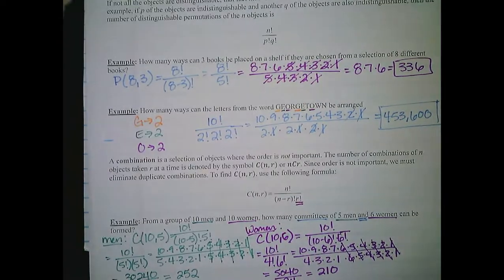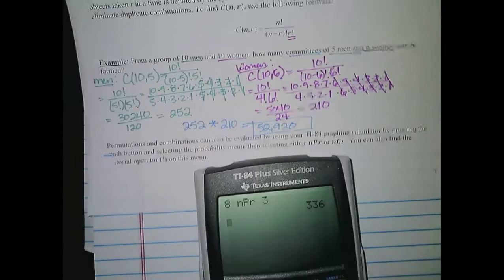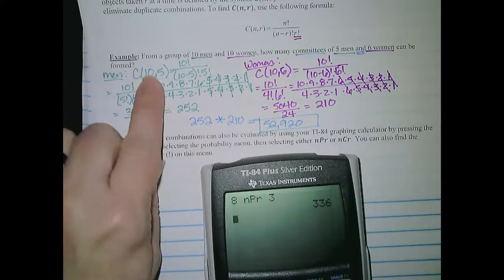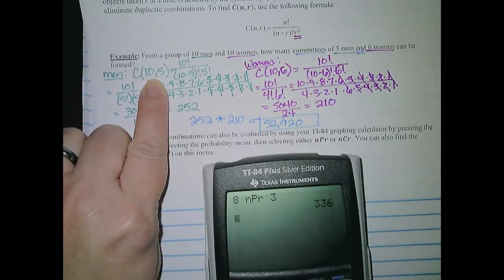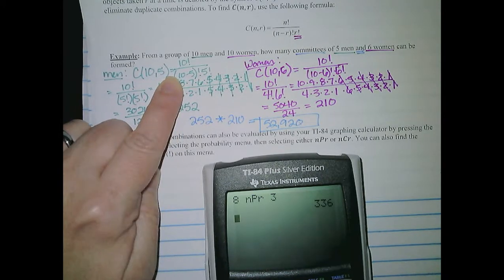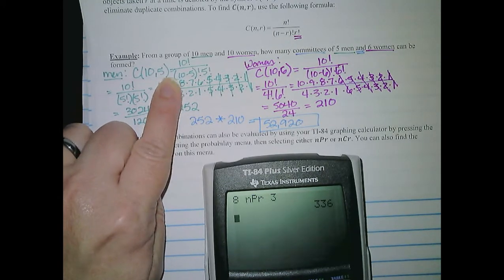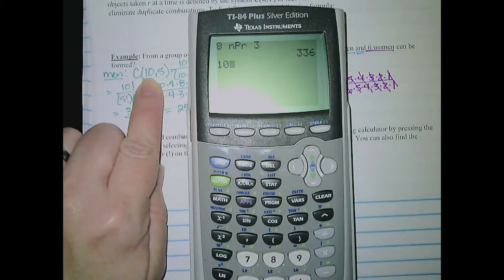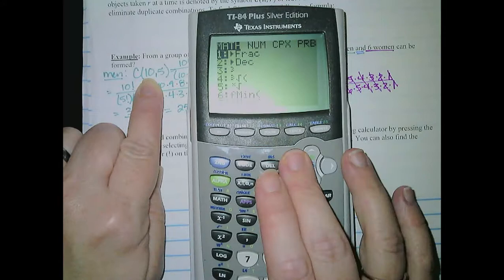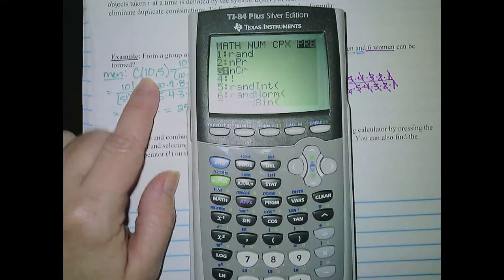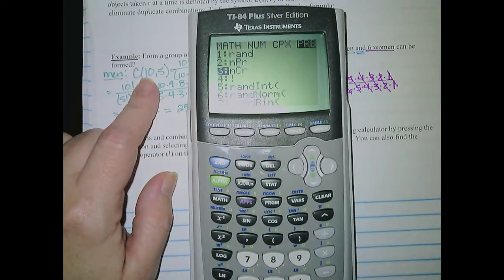If we look at that last example, we were doing combinations. So for example, I'm just going to do the men here. We had 10 men and we were going to choose 5 for our group. So again, we start by typing in the number that we're selecting from, n, which would be 10. Go to our math menu and pull up probability. This time we're doing combinations, so we'll select option 3.